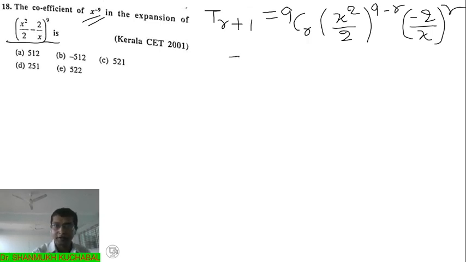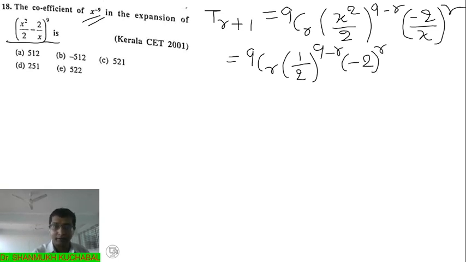Further, we need to simplify. We have to separate the x from this term. So we get 9cr, 1 by 2 raised to 9 minus r, and minus 2 raised to r, and we get x raised to 18 minus 2r minus r.